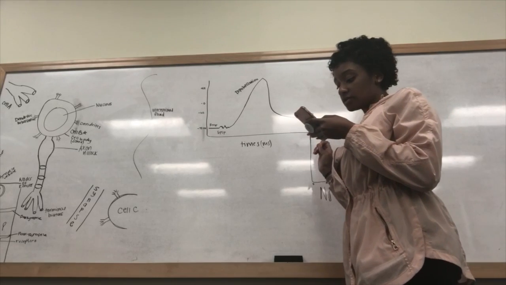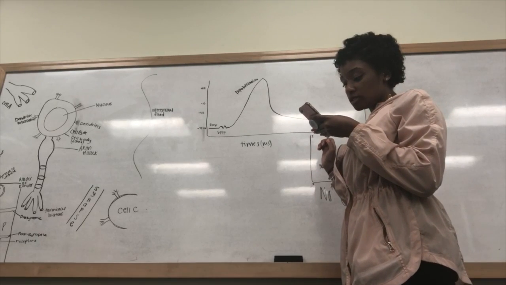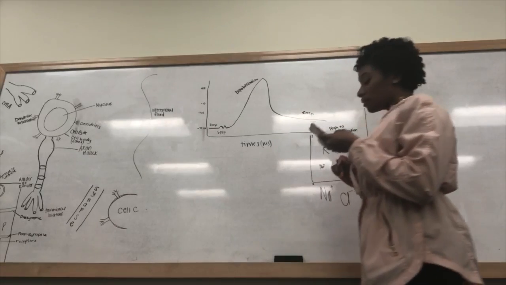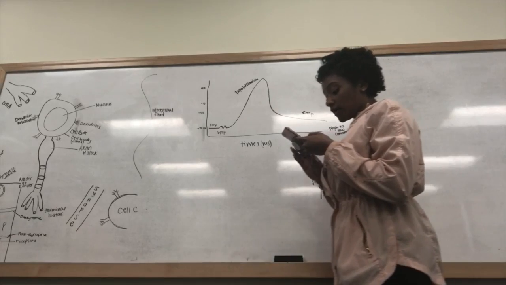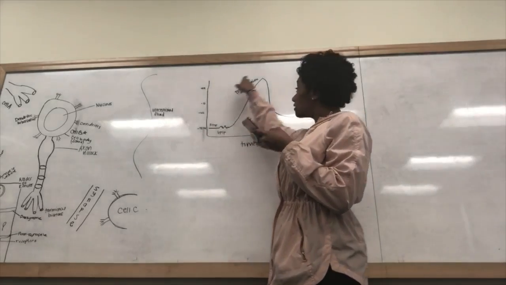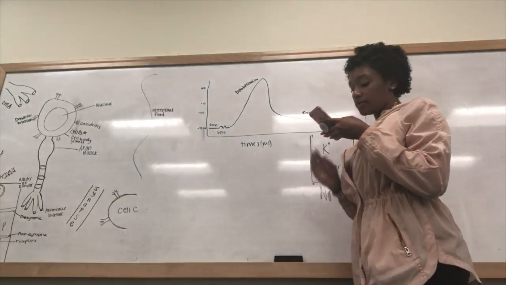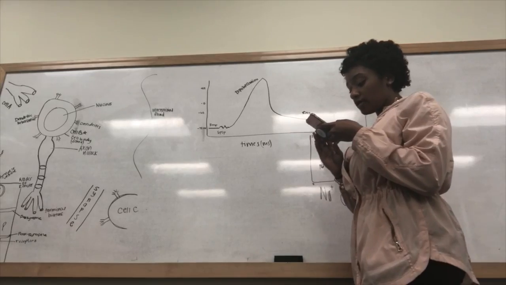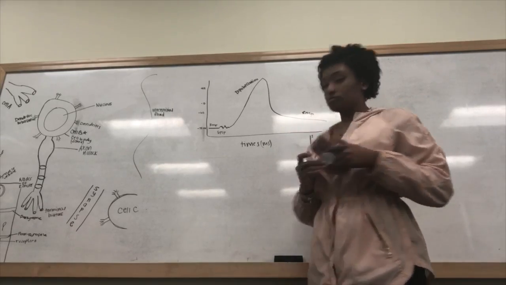The rising phase is a rapid depolarization and is associated with the movement of sodium. The rising phase stops at plus 55 millivolts, which is the point of equilibrium for the ion.